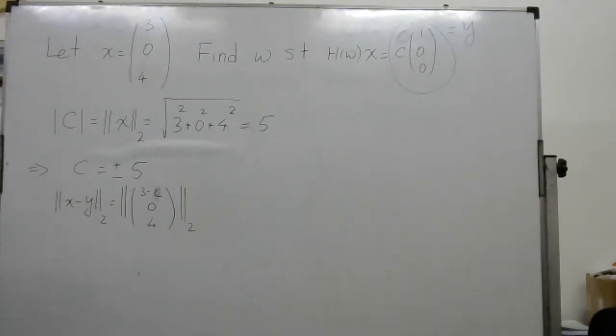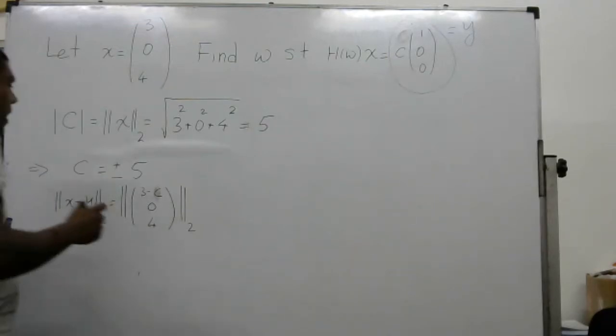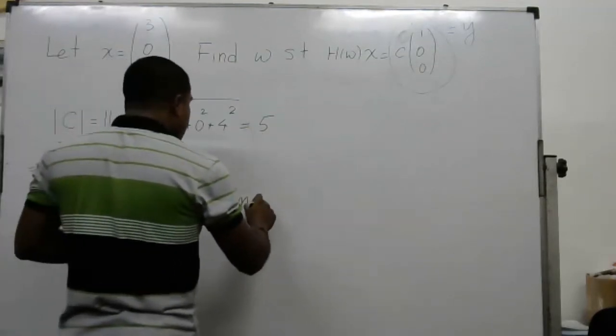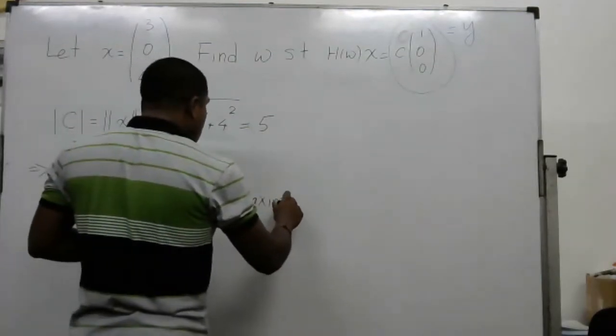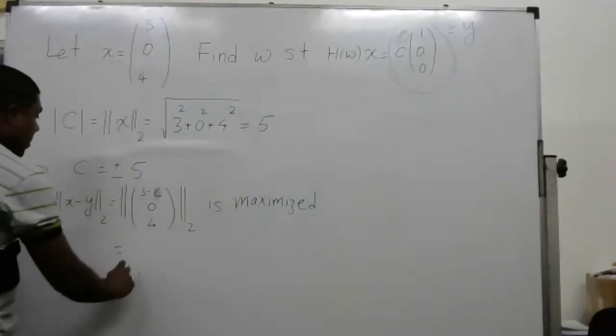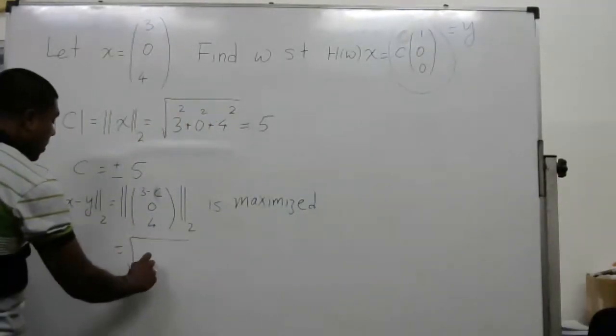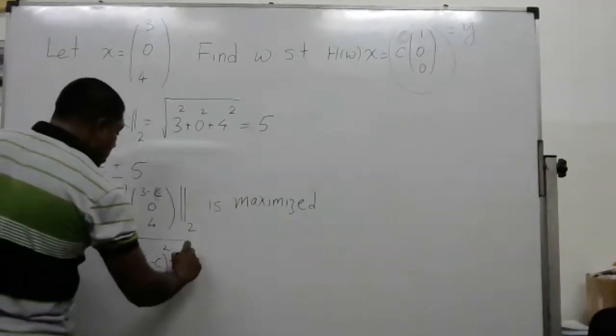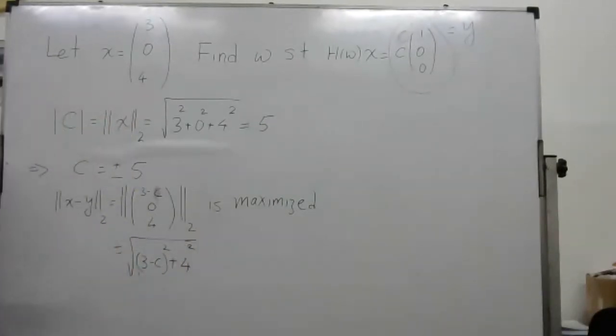You can easily see that this value is the square root of (3 minus c) squared plus 4 squared, since 0 squared is 0.